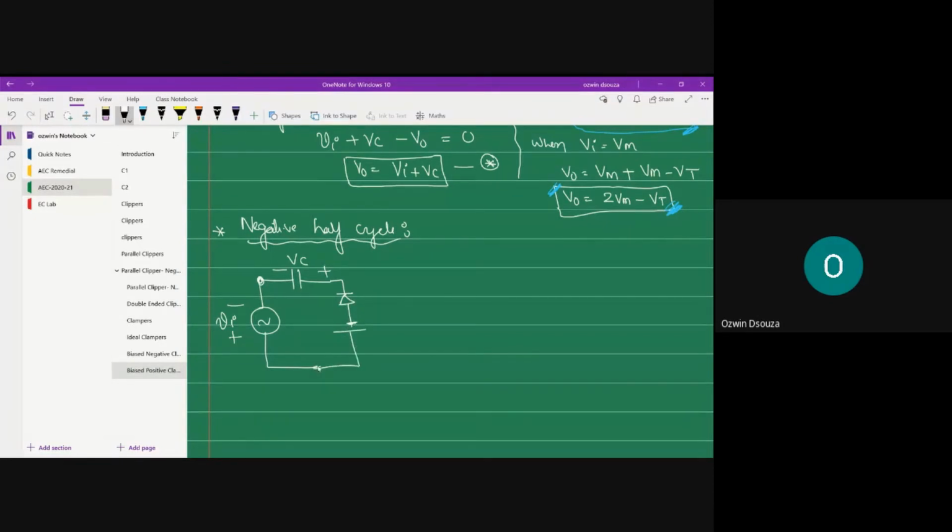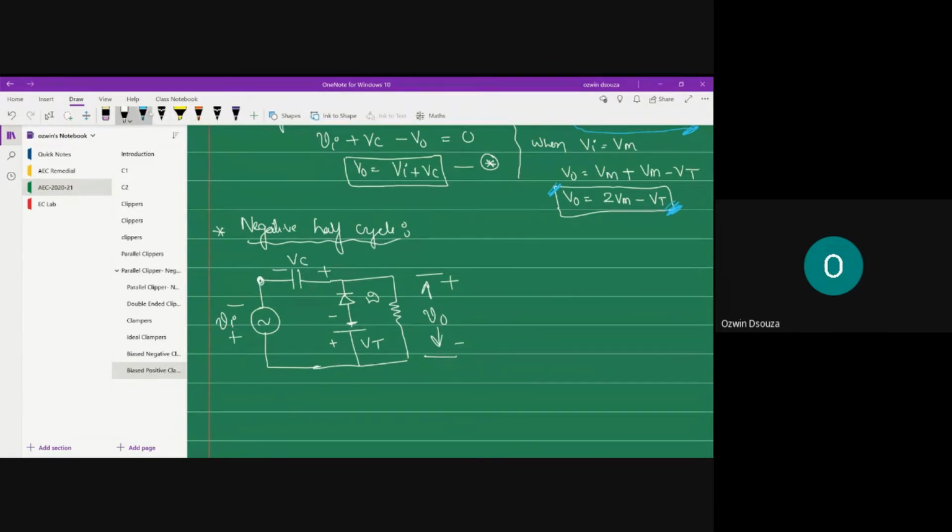It's the threshold voltage, which is DC in nature, minus plus Vt of the diode, and this is your output.